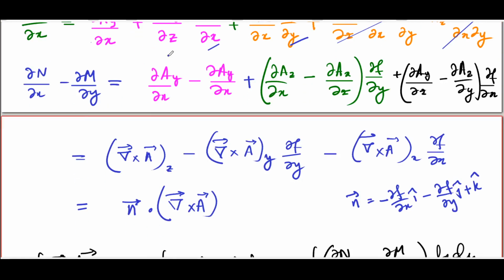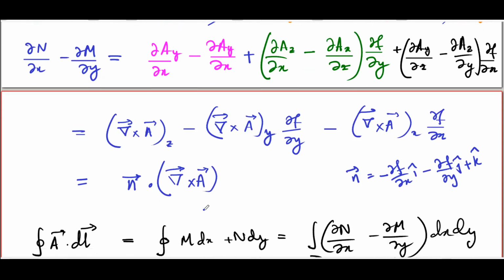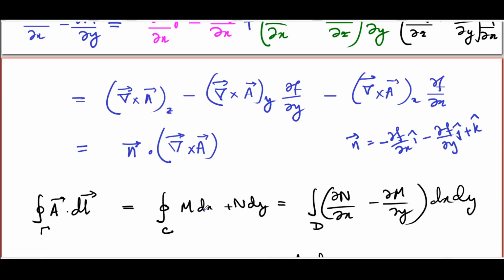So this expression that we have is nothing but n vector dotted with curl of A. So the line integral of A dot dl over the line gamma, which is simply m dx plus n dy in our new abbreviation that we have introduced, is equal to the double integral of del n del x minus del m del y dx dy over D, where C is of course the boundary of D, and this gamma is the boundary of sigma, and D is nothing but the projection of sigma.